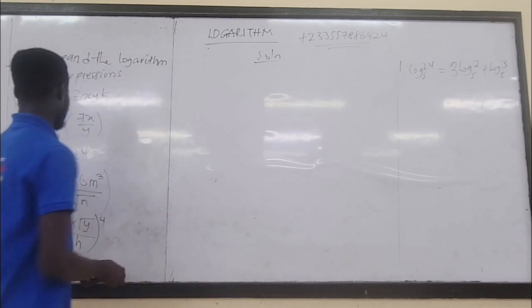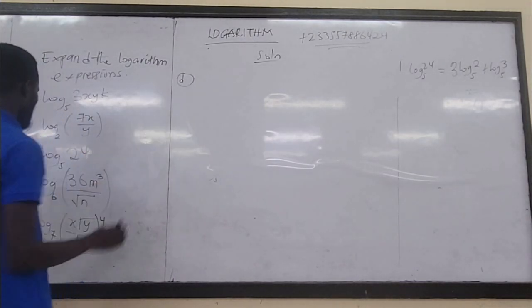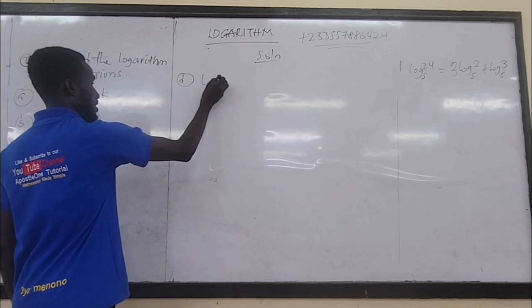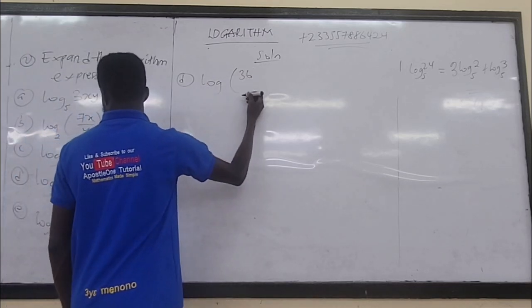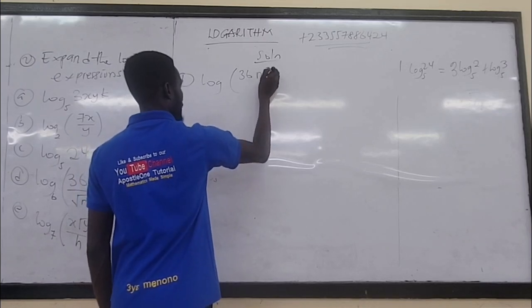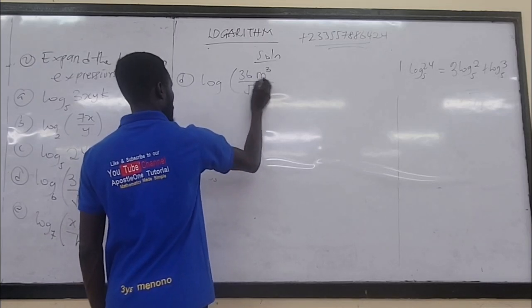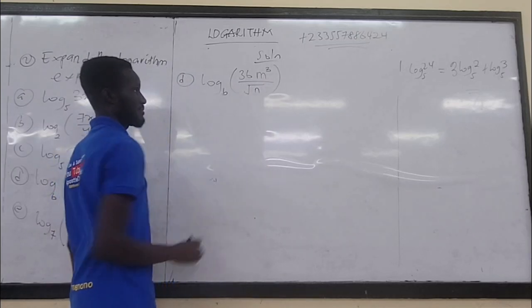Now let me go to the D. On the D, I have log of 36 m exponent 3 divided by root of n. The base is b.